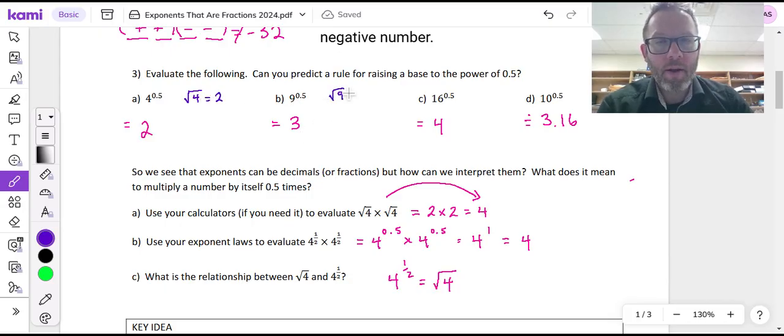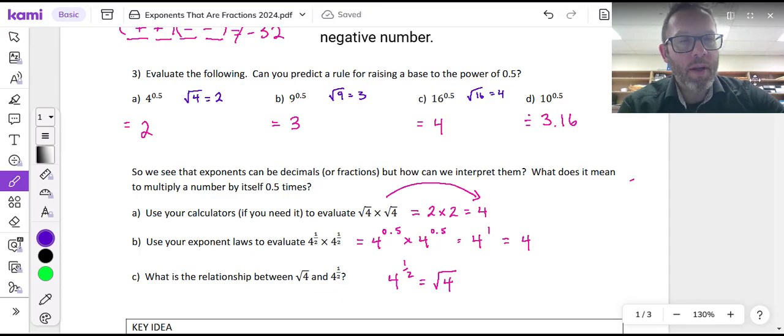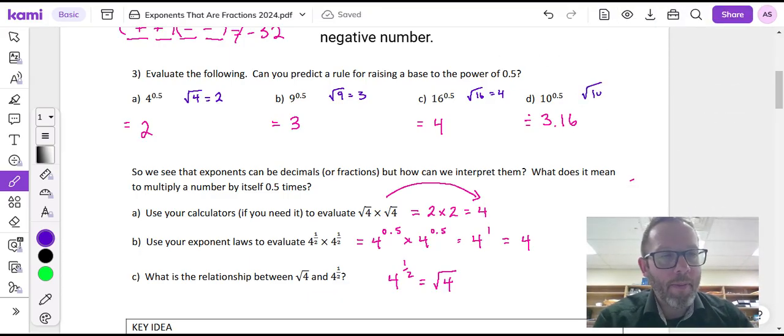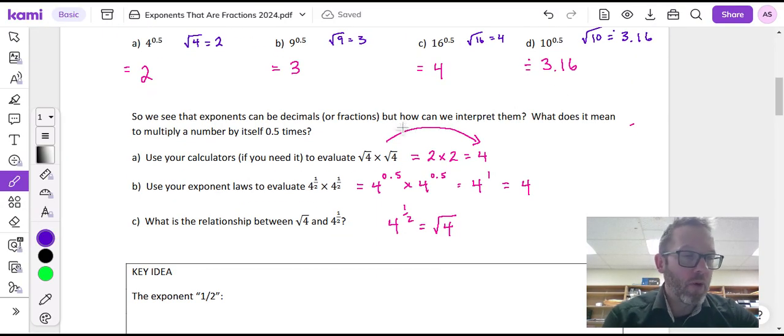The root of 9 is equal to 3. The root of 16 is equal to 4. And the root of 10 is not something I have memorized, but I am 99.999% sure that when you do the root of 10 on your calculator, you'll get about 3.16. This is how we can interpret an exponent of a half or 0.5.